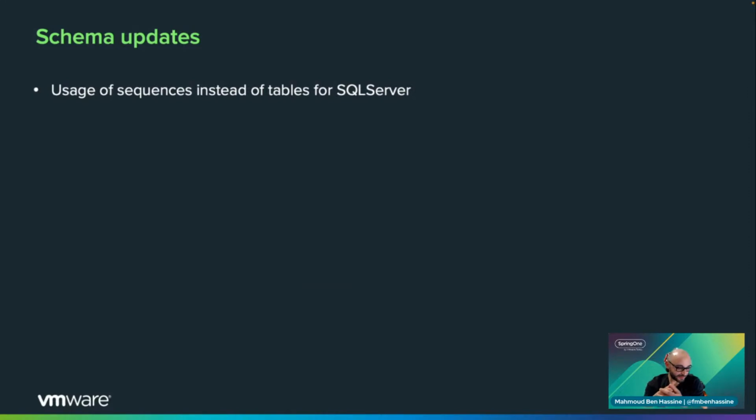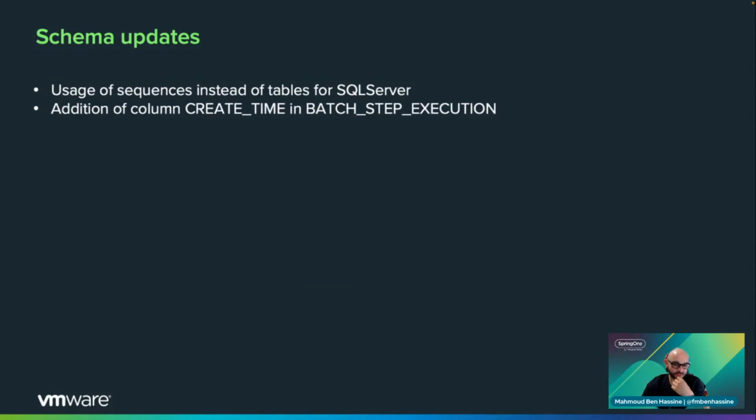Even though we have sequences in SQL Server, it's not the same thing, and it doesn't perform at the same level as sequences. So in this release, we changed that. If you use SQL Server, you have to migrate your DDL script to use sequences instead of tables. This is technical, but I had to mention it.